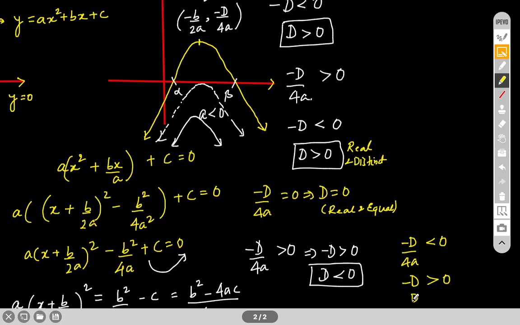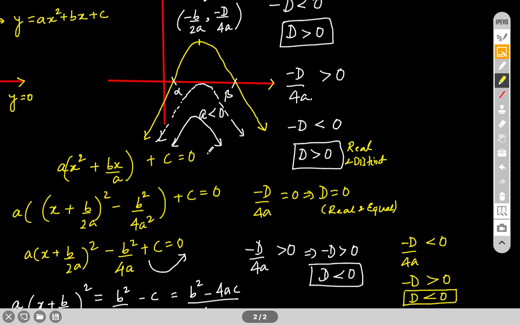That means D, again multiplied with minus 1, will switch sign again. The inequality will flip, right? So this implies that the condition D less than 0 for imaginary roots holds true even if your parabola is opening downwards.